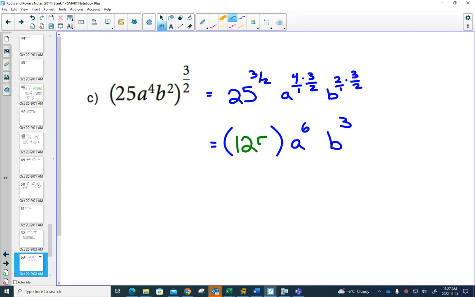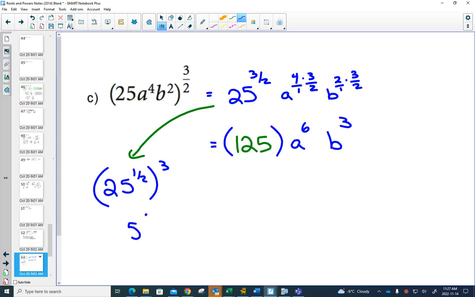Now, I'm going to put 125 in here. How do we do that mental math to figure that out? 25 to the 3 halves is the same as 25 to the half cubed. What does the half do? The half would make it a square root, right? And square root of 25 would be 5.